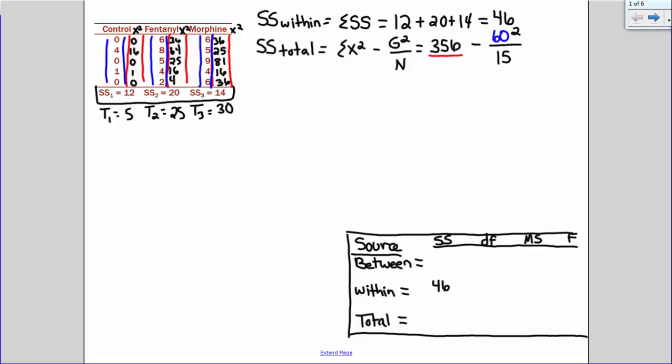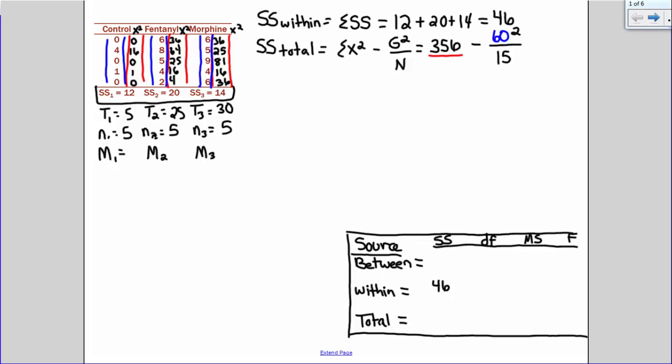So just looking at this, I feel like morphine is resulting in more pain relief, but I need to do all my significance testing to figure out if we would think that would happen in the population. Then my sample size for each group. So each group has 5 people in it. Then I could also figure out my means for each group because I know I'm going to need that eventually when I'm doing my Tukey's post hoc analysis.